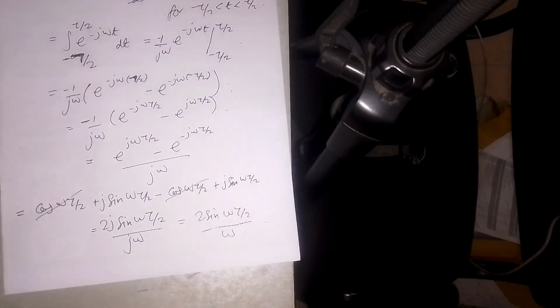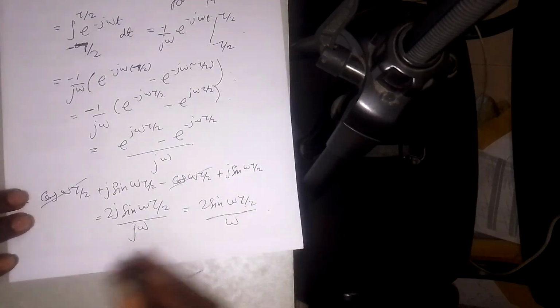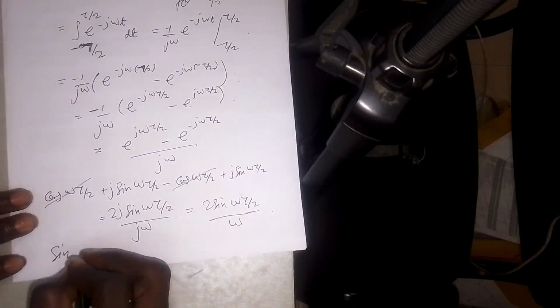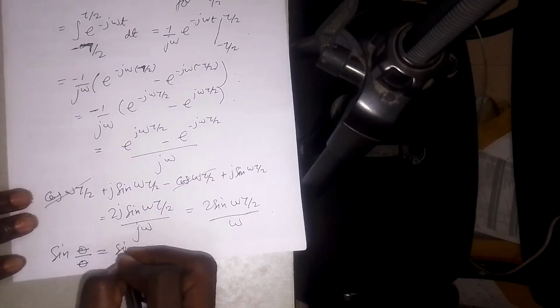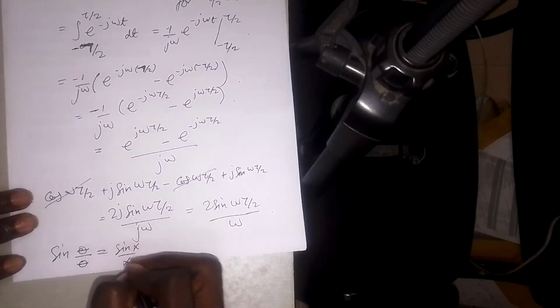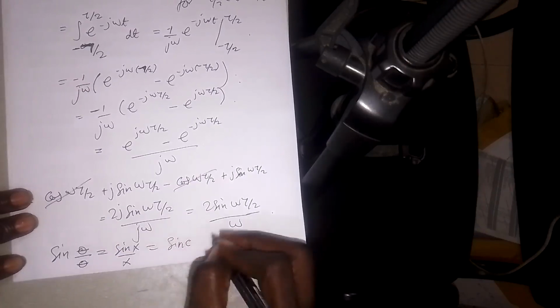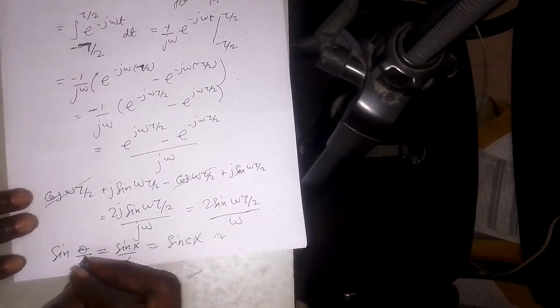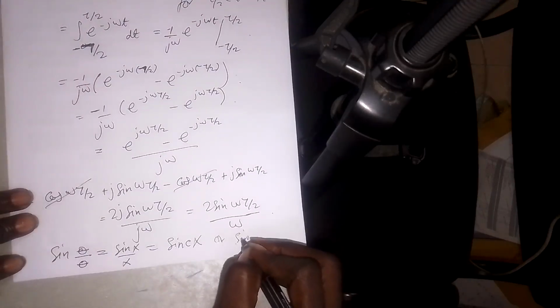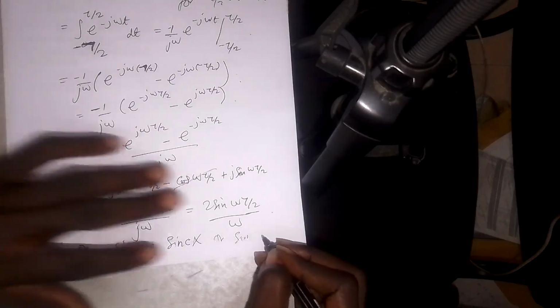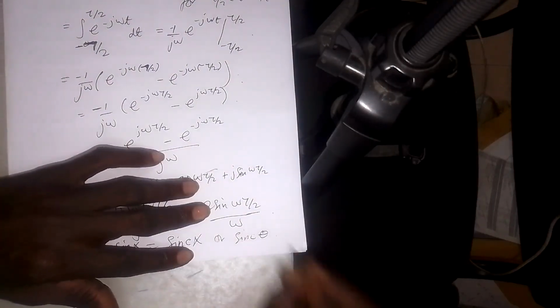But we can write this function in terms of sinc. When we say sinc, sinc is such that sine theta over theta, which is also, let's say, sine x over x, equals sinc x, or in this case sinc theta.